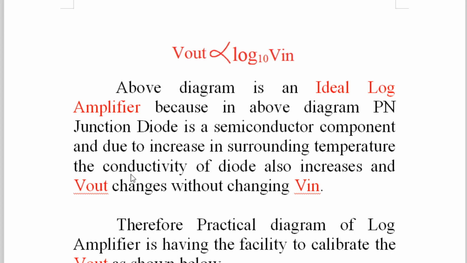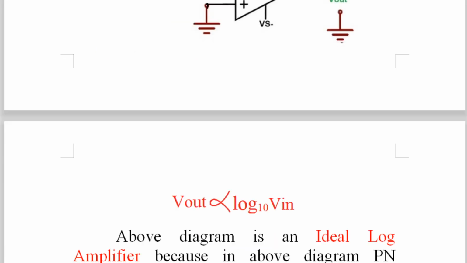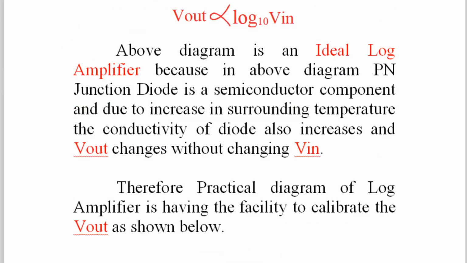So Vout changes without changing Vin. When the temperature surrounding the diode changes, its conductivity increases and resistance decreases because it is a semiconductor component, and therefore this diagram is an ideal diagram.